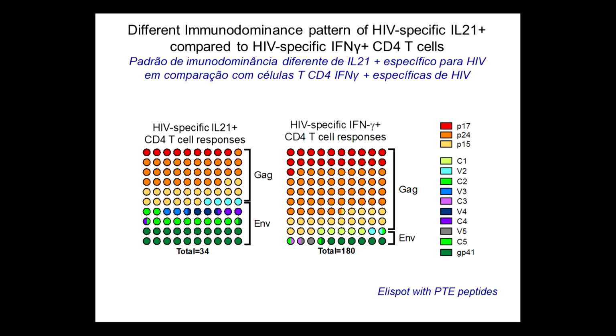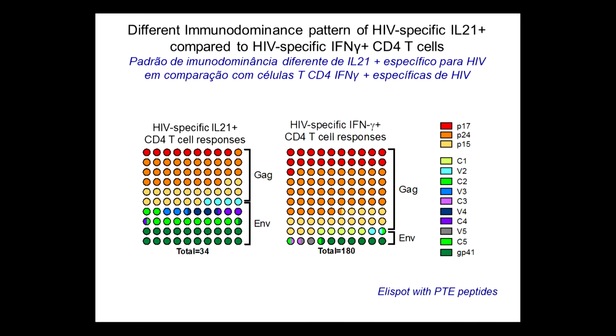Actually, in one individual only, we found an IL-21 secreting response and an interferon gamma secreting response against the same epitope. But most of the time, the HIV-specific CD4 responses in the same individuals secreting IL-21 or interferon gamma were recognizing very different epitopes.